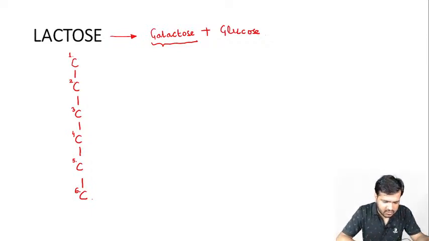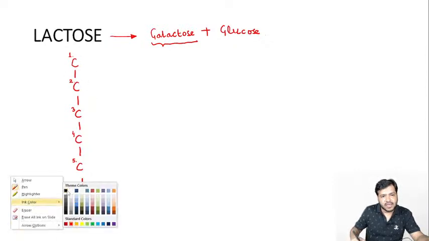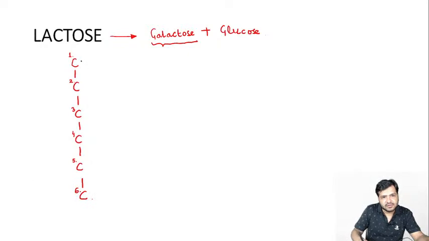At the first position we have the functional group, that is the aldehyde group, C double bond O and H, which is present at the first carbon.